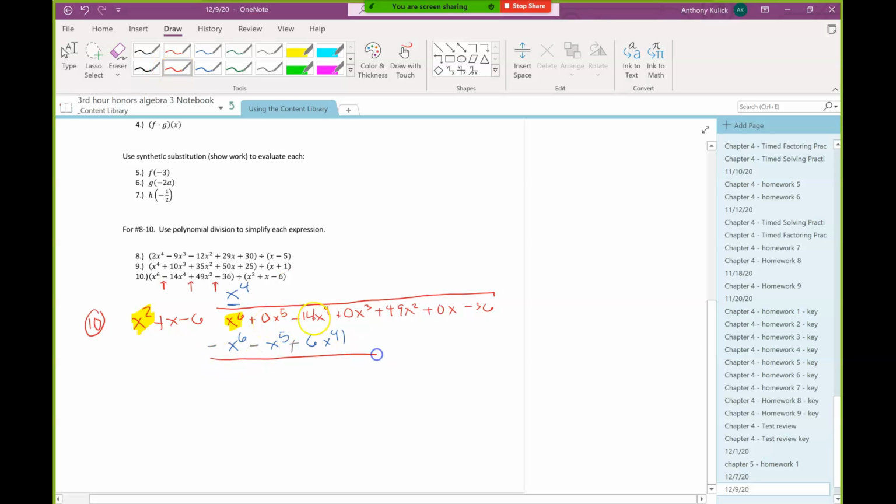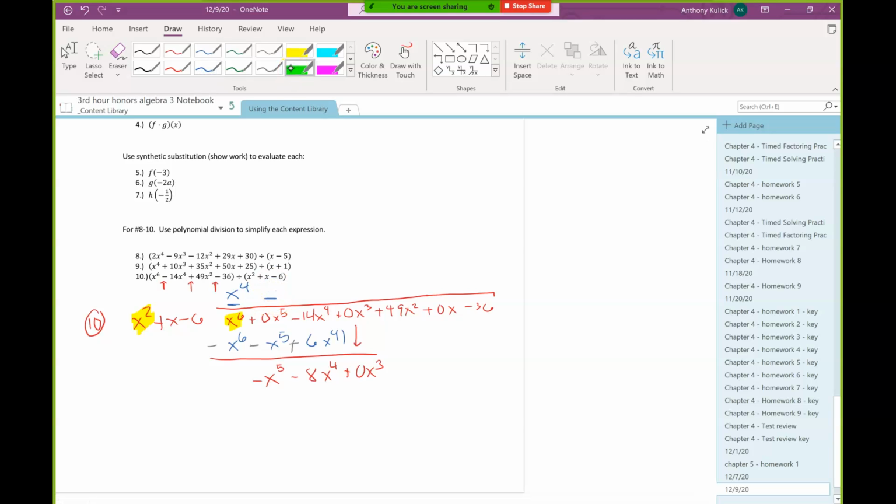So now we go term by term: x to the sixth minus x to the sixth is 0. 0 minus x to the fifth is negative x to the fifth. Negative 14x to the fourth plus 14x to the fourth is negative 8x to the fourth. And we'll bring down the next term, and we'll go back to the top.